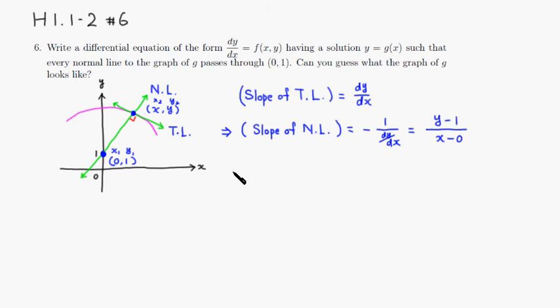Now we have a differential equation, so we just need to rewrite it in that form. First, we can simply take the reciprocal of both sides of the equation. It's still negative, but we have dy over dx equal to x over, we just write it upside down, y minus 1.